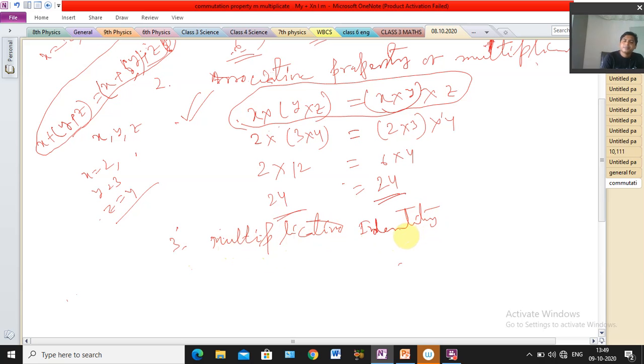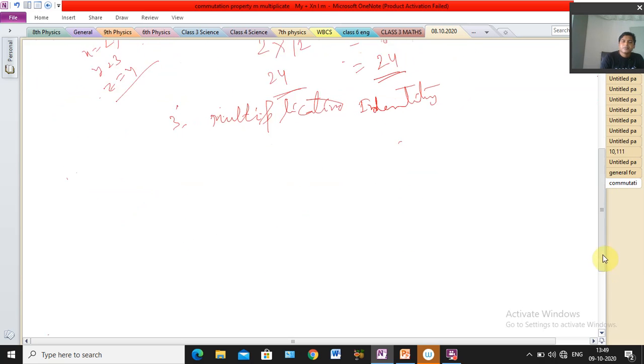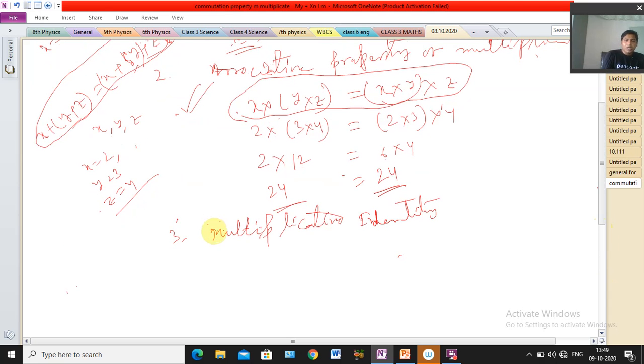If we take one variable x, x into 1, because for multiplicative identity we are taking 1.